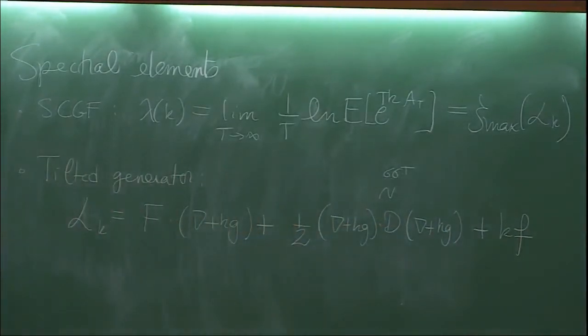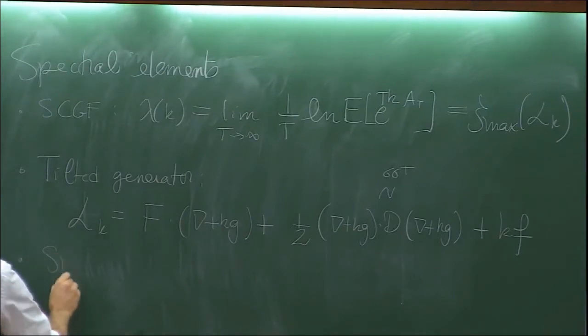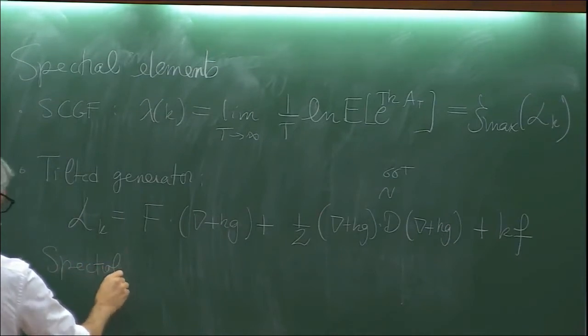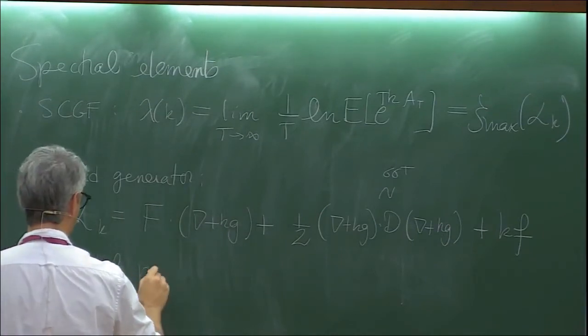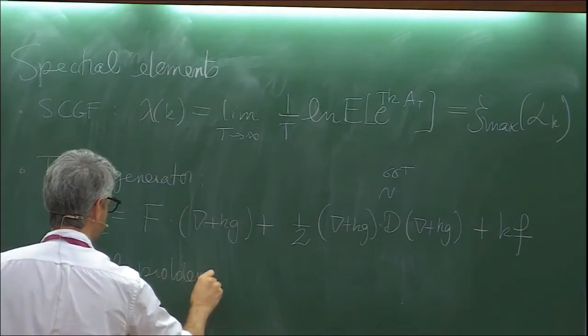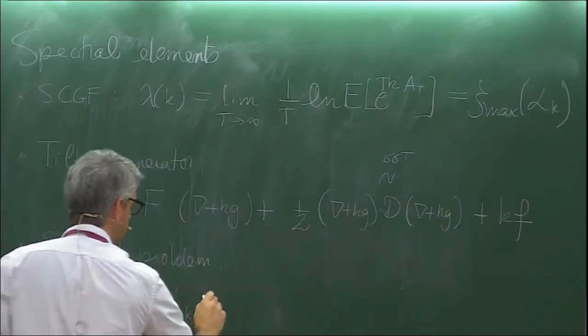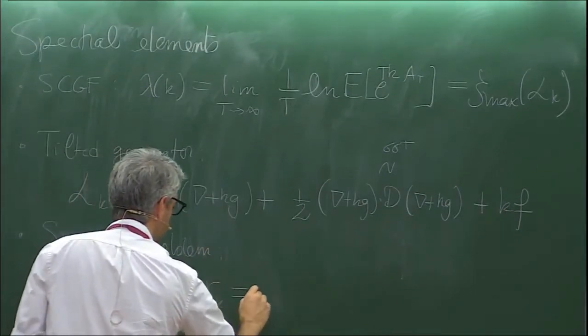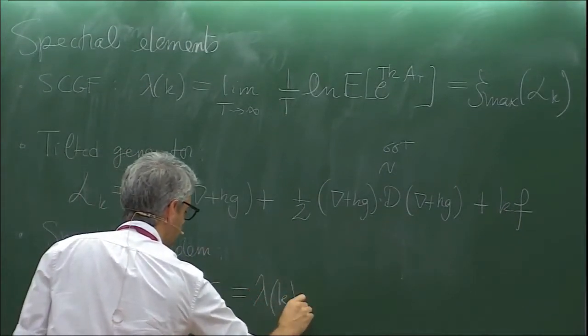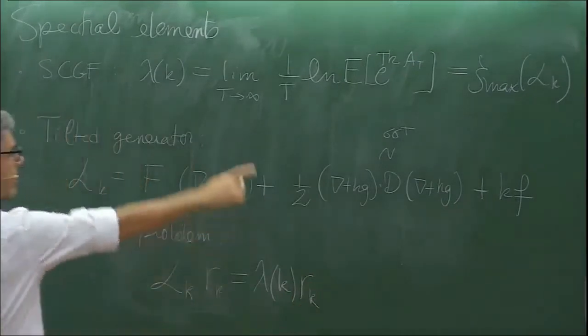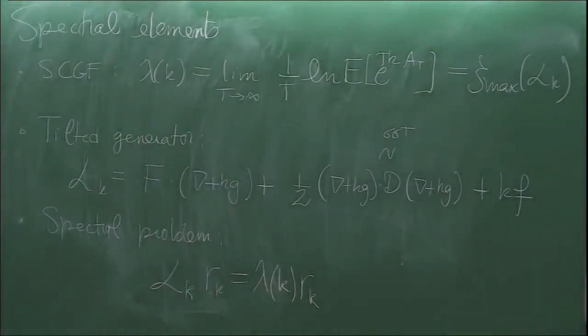That's the generator of the Feynman-Kac semigroup, like I discussed yesterday. And the spectral problem that I need to solve, for the principal eigenvalue, is the problem where I'm acting with L_k. I need to find the dominant eigenfunction associated with the dominant eigenvalue, which I'm writing here, zeta max. Okay?